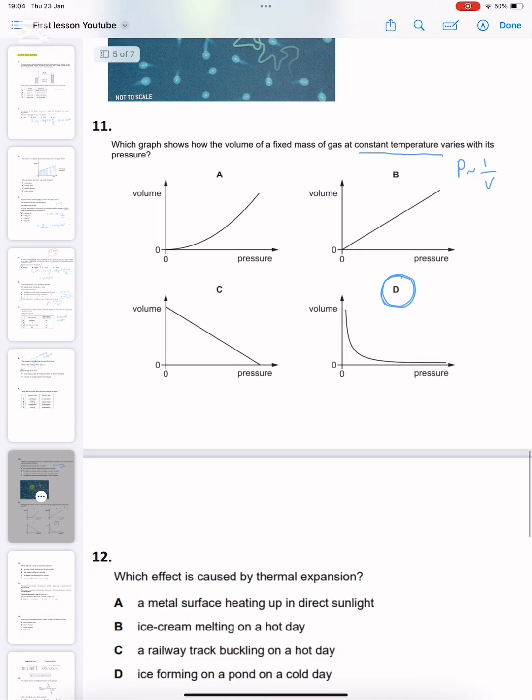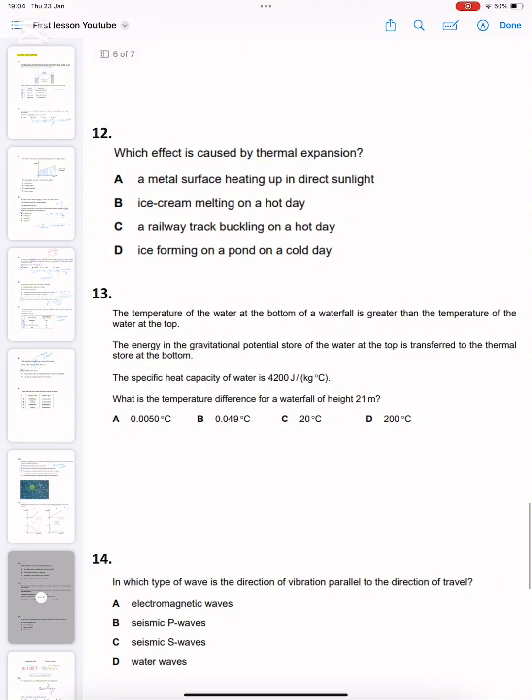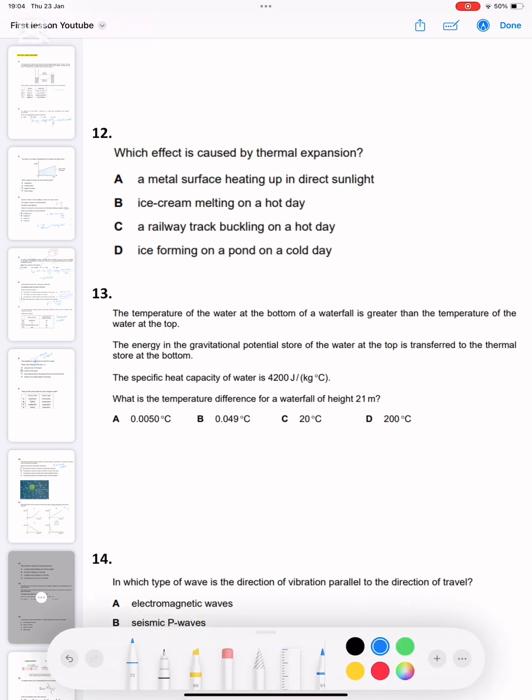Let's move on to question number 12. Which effect is caused by thermal expansion? Guys, thermal expansion refers to the tendency of materials to expand when heated and contract when cooled. This happens because the particles in the material move faster and spread apart when they gain heat, causing the material to expand.